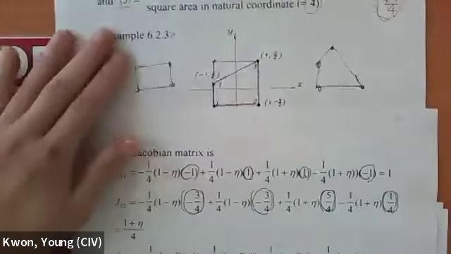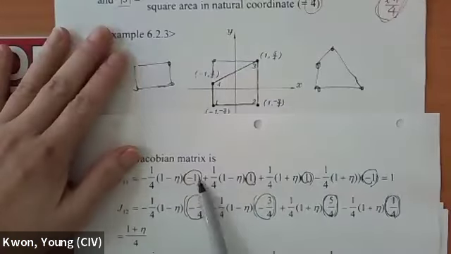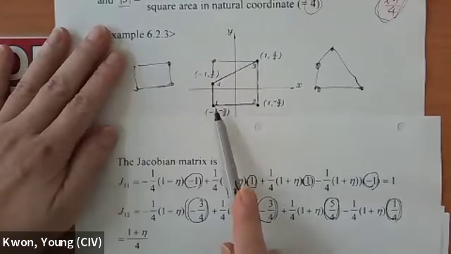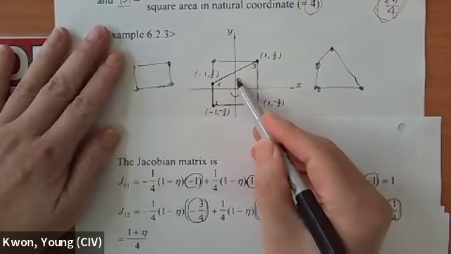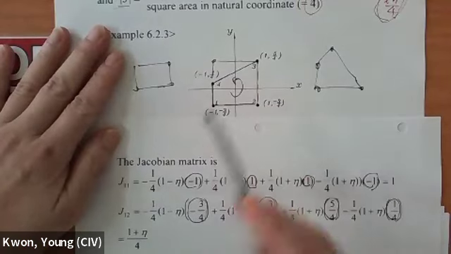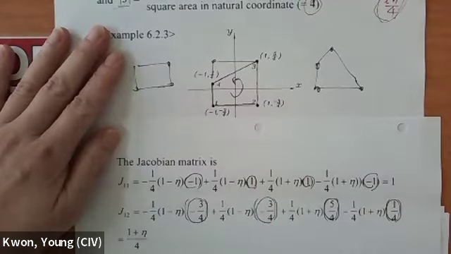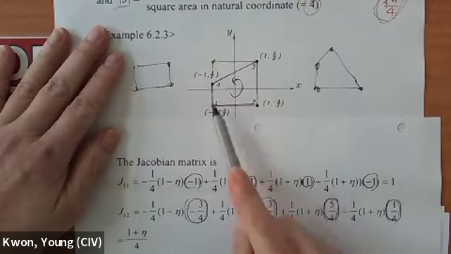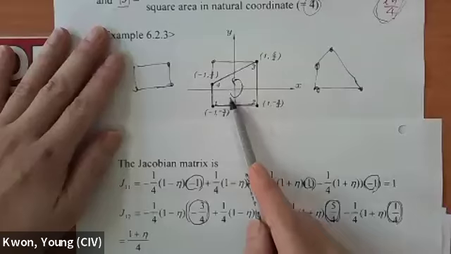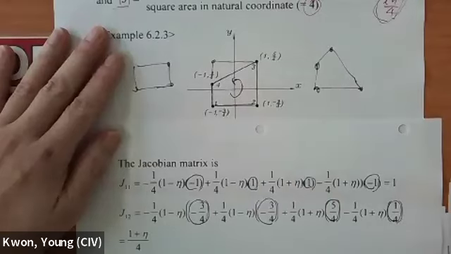If you look at this one, node 1, again, we select 1, 2, 3, 4 in the counterclockwise direction, because the shape function is defined in the counterclockwise direction. Starting from a different node is fine too, as long as it goes counterclockwise.